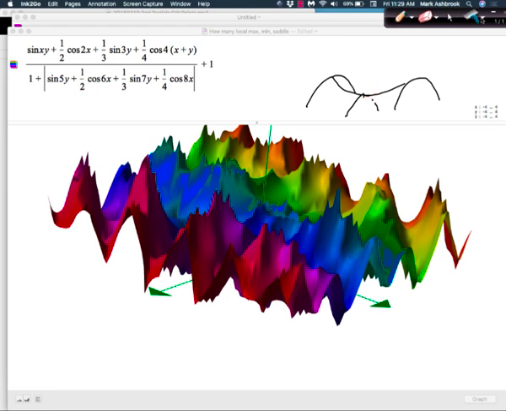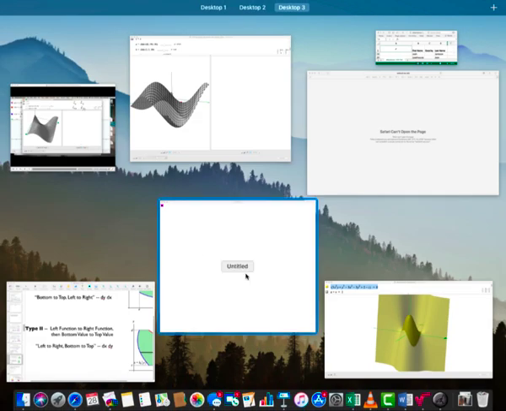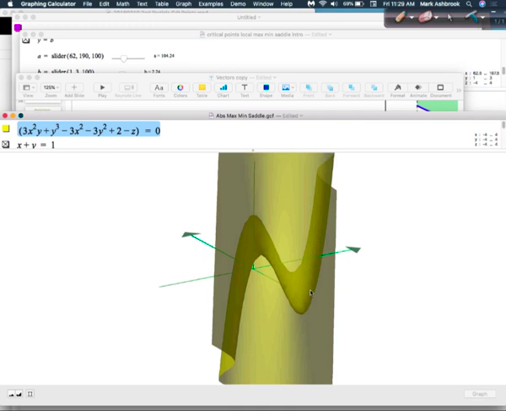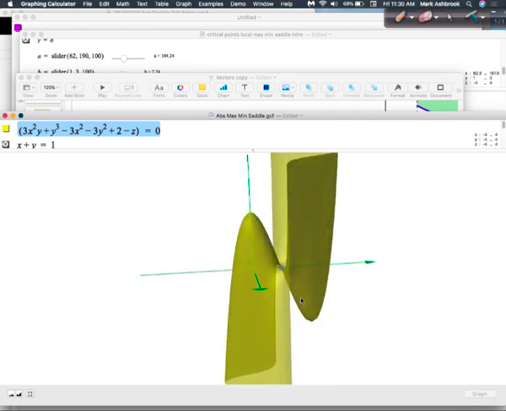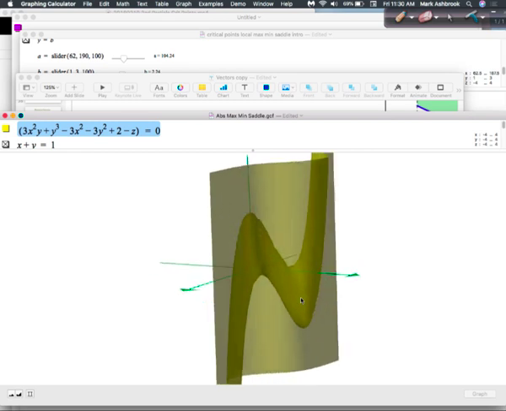So how about something more realistic here? How about this one? Okay, how many maxes, how many mins, how many saddle points? Go.